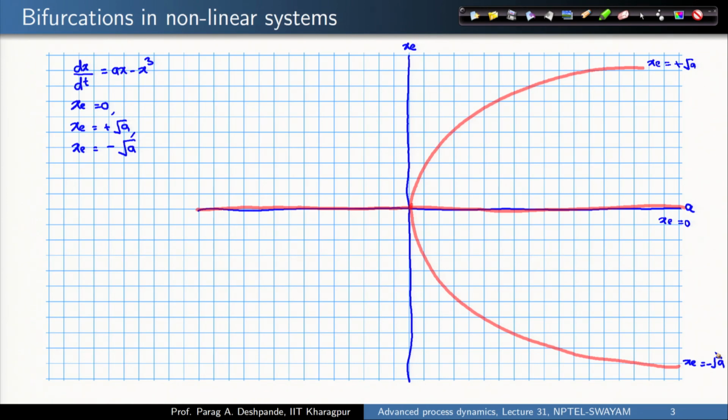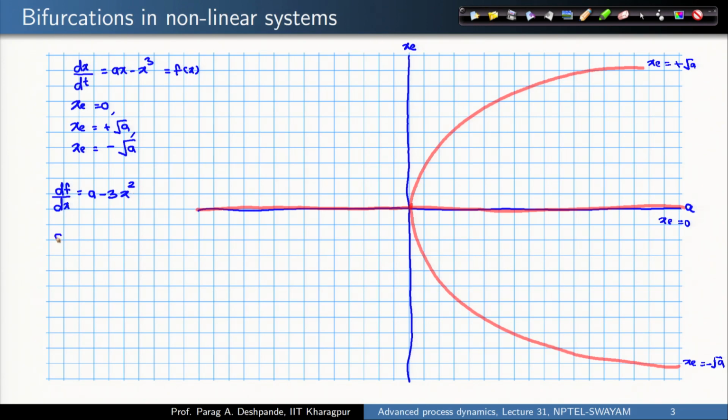Now, time to identify the stability and or instability of various parts of this plane. If I assign this as f of x, then I can write df by dx as a minus 3 x square.